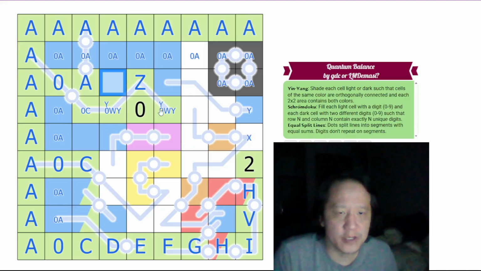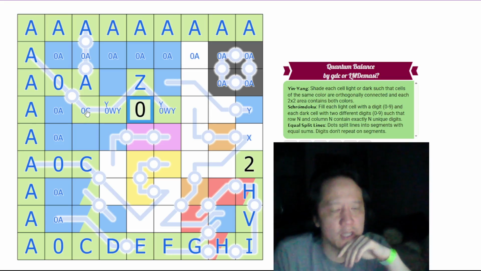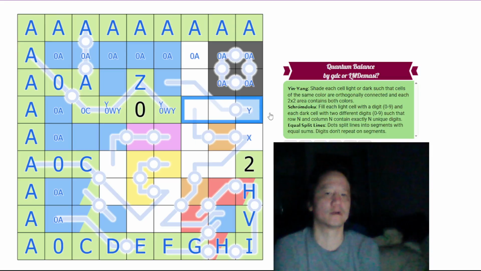This is some combination of A, Z, and C. If we have 0 here, it could be W and Y. We're guaranteed one of these three is a 0. So I think it has to be Y and W. And C is either W or Y. So Z cannot be here at all.